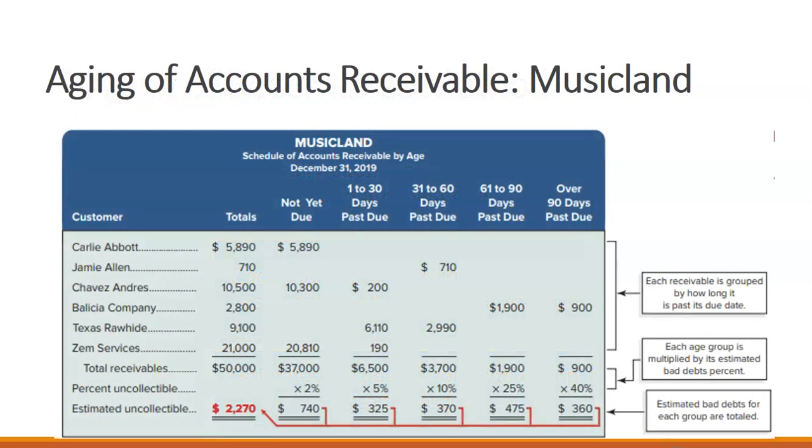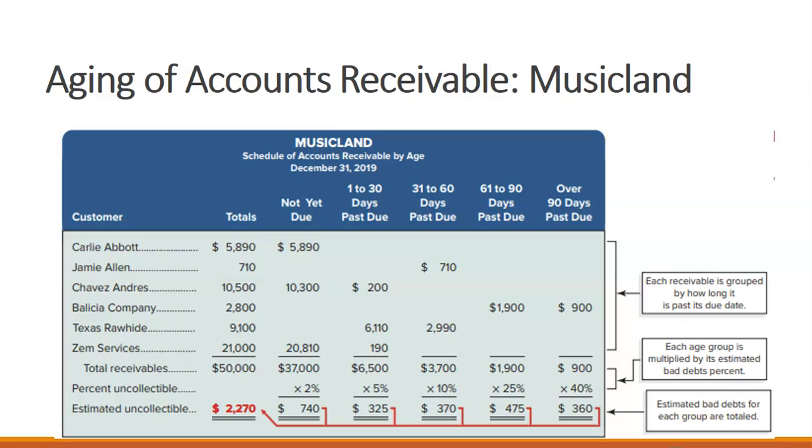Let's look at an example. We have new receivables that just happened this month, receivables that are 1 to 30 days past due, 31 to 60 days past due, 61 to 90 days past due, and over 90 days past due. Then we have a bad debts percent for each group.